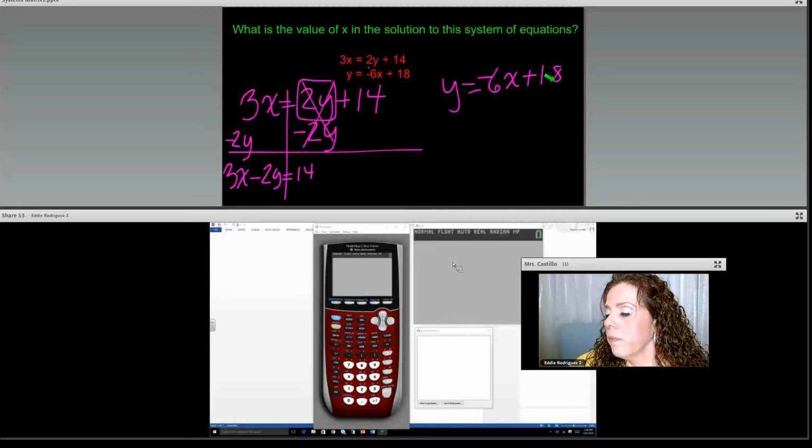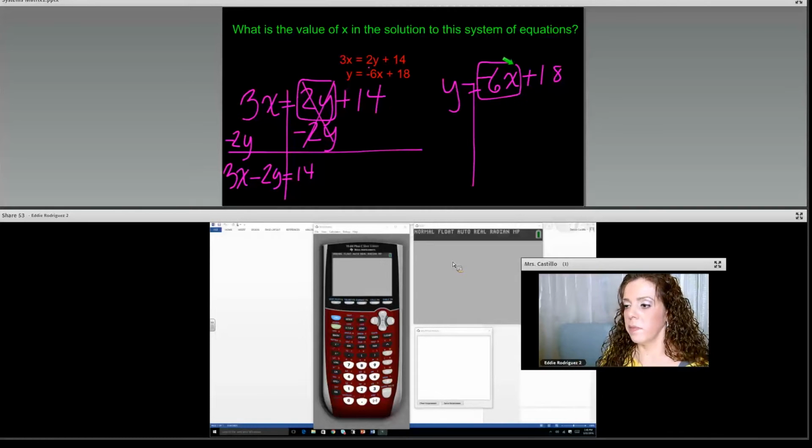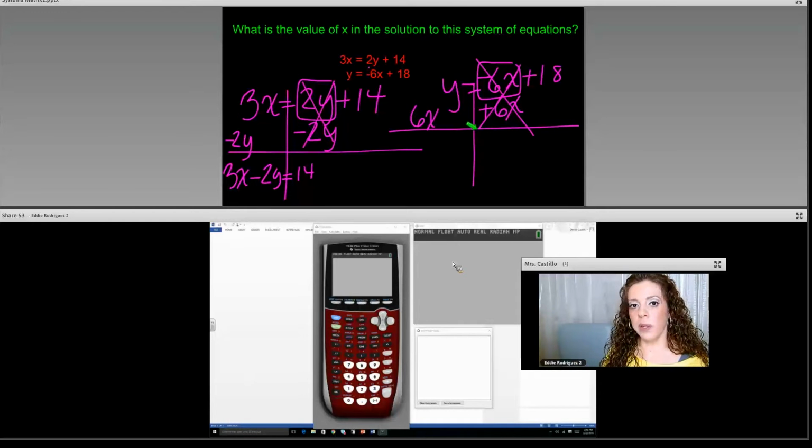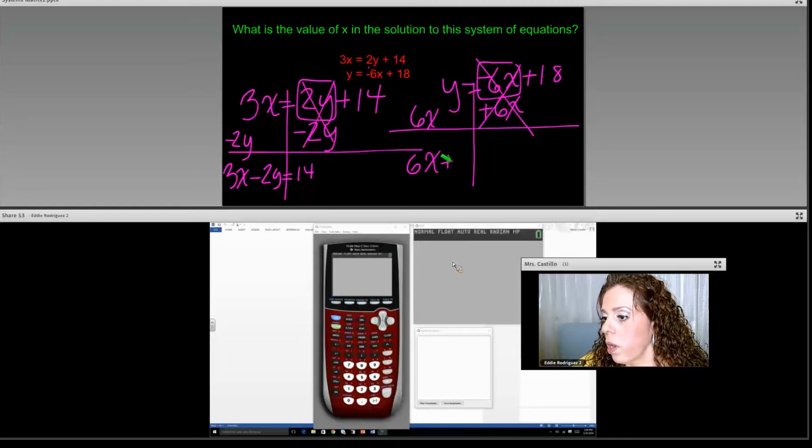Since it is a negative 6x on the right, it will be a positive 6x on the left. Okay, let's bring everything down. 6x plus y equals 18. So now both equations are in standard form.